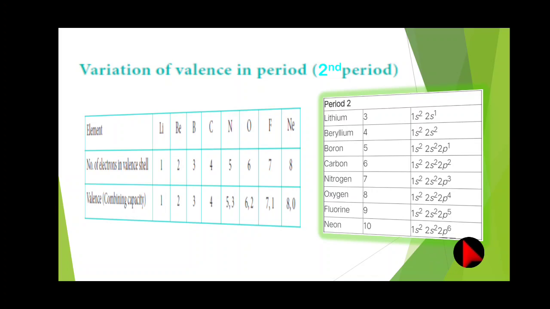The orbitals are completely filled. So valence electrons are 8, 2 plus 6, 8. But combining capacity does not occur because it is stable. It does not lose or gain any electron with another atom. So these are the variations of valence in a period, that is, second period elements.